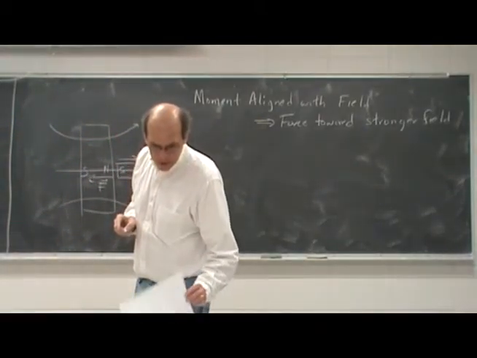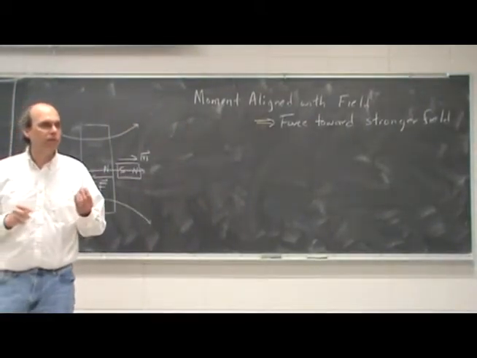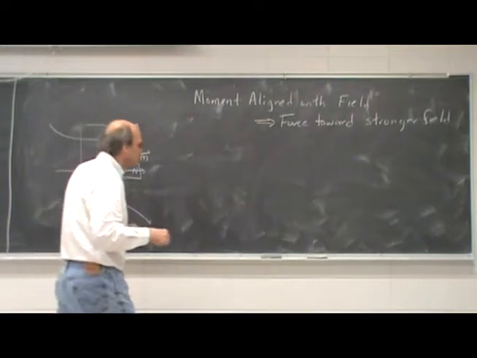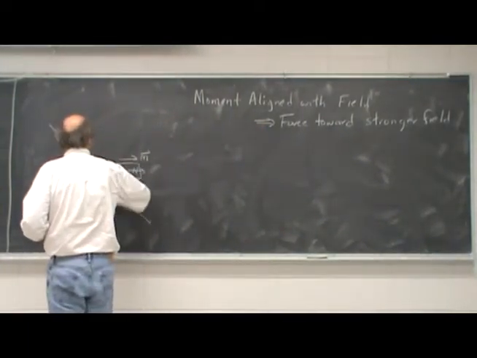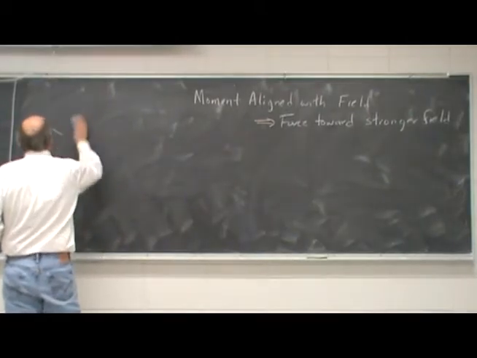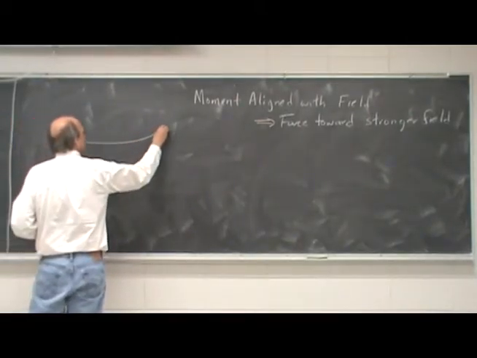All right, the other case is we get the moment pointing in the opposite direction of the field, which I'm going to have to restrain somehow because it wants to spin around. Let's clean the picture up. So now I'm going to take my same non-uniform field.